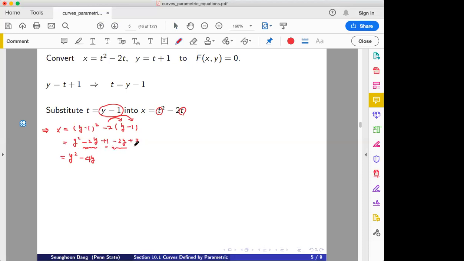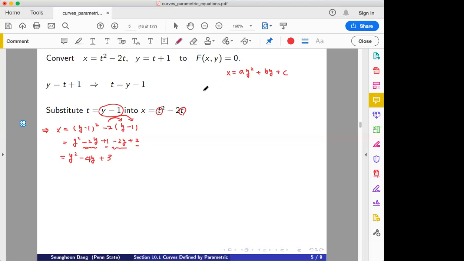The 1 plus 2 is 3. We have this kind of form: x equals ay squared plus by plus c. So this is the equation of a parabola.